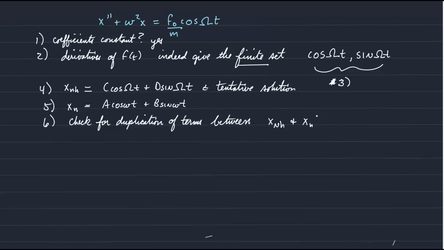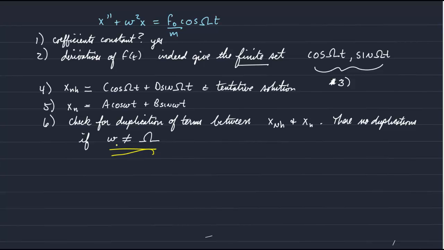And there are no duplications if little omega is distinct from capital omega. And so this is the case we are going to consider right now.